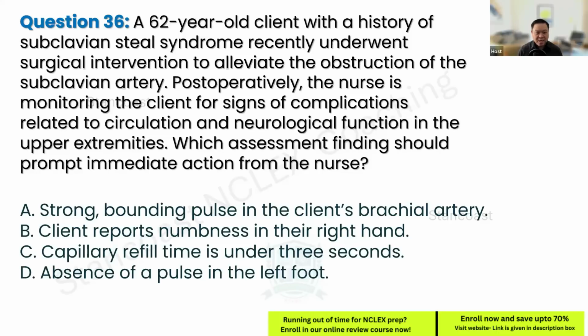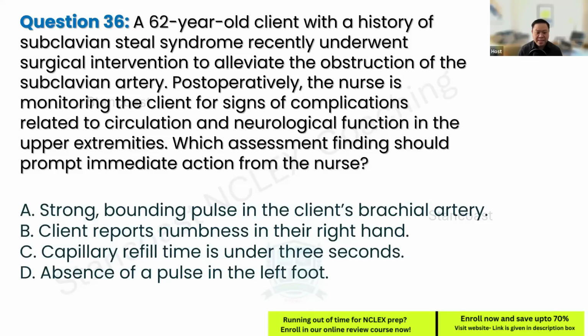Which assessment finding should prompt immediate action from the nurse? A. Strong bounding pulse in the client's brachial artery. B. Client reports numbness in their right hand. C. Capillary refill time is under 3 seconds. And D. Absence of a pulse in the left foot.